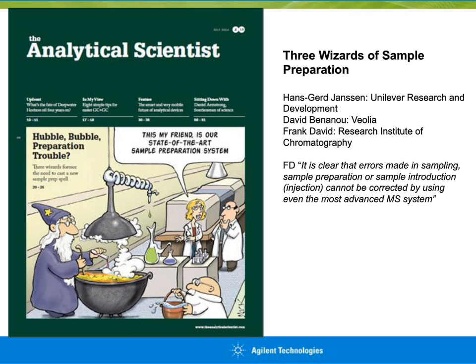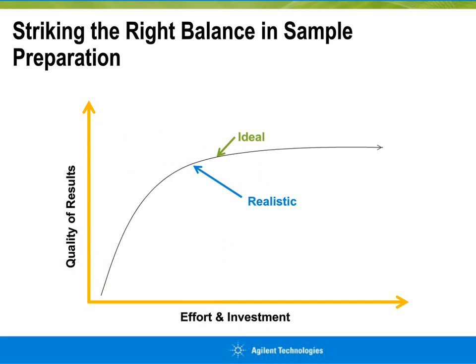This drives home the point that sample preparation is very important. With that being said, our goal is to try to strike a balance between effort and investment and quality of results.